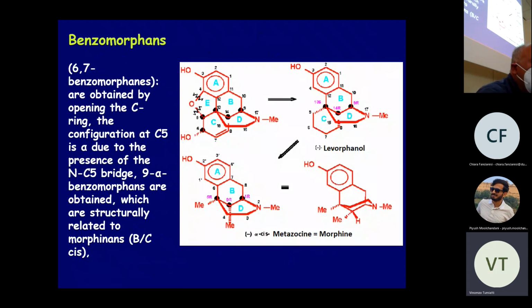An additional simplification. From 4,5-epoxymorphinans, we can open the C ring. You see, A, B, C, D. This is ring C. We can open this type of ring.